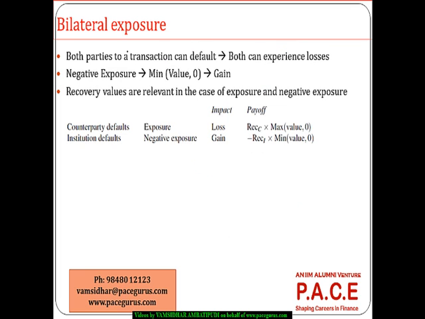Now in this exposure, the very common form is the bilateral, because any of the parties can very well default. Which means any of them can really experience losses. Now it is in this context we even use the word negative exposure also, from the defaulted counterparty's perspective.